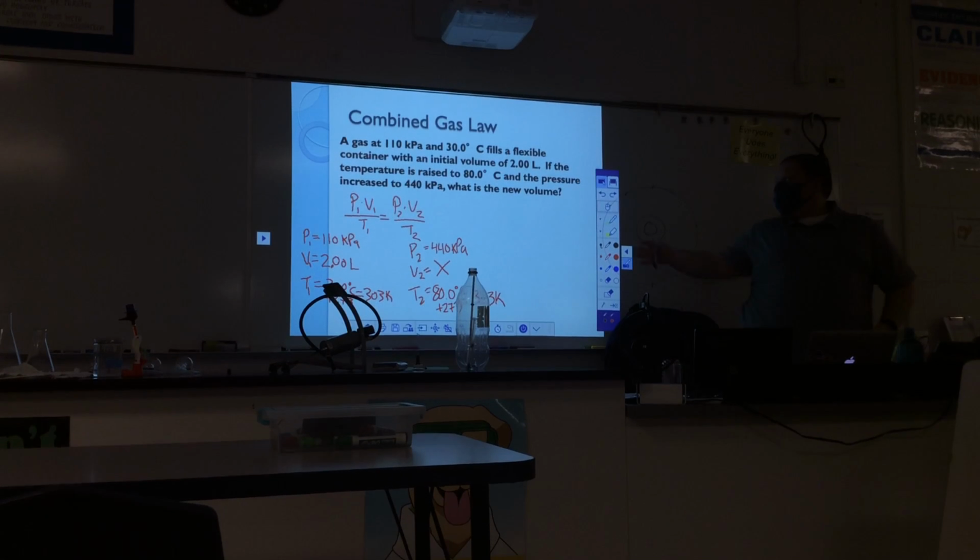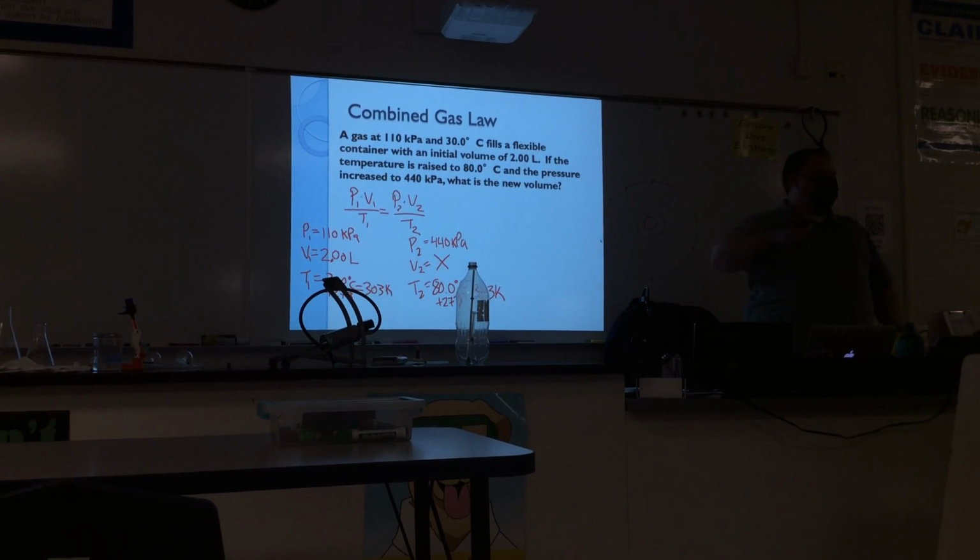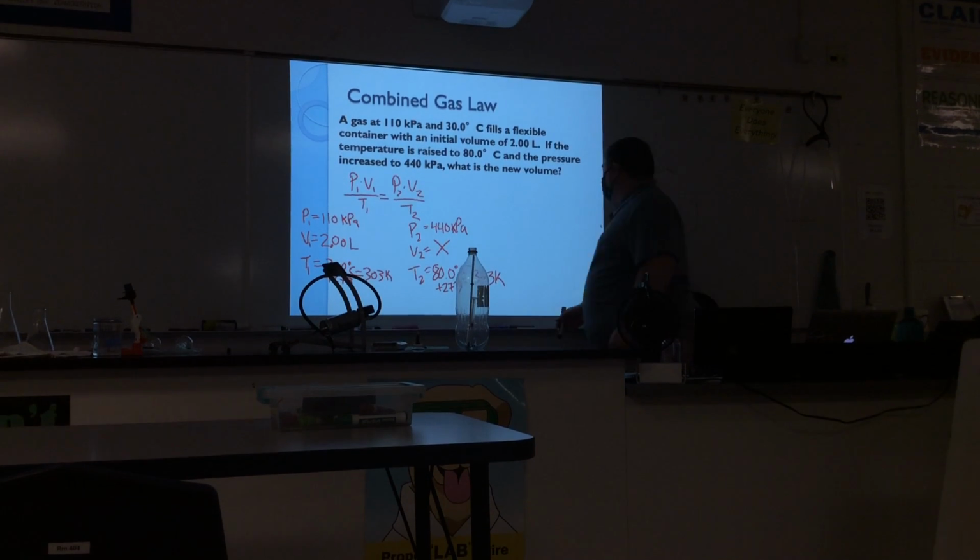So all we have to do is take what we do know, now that we know which one's which, plug it in, and solve it. So I'm going to take all these numbers.